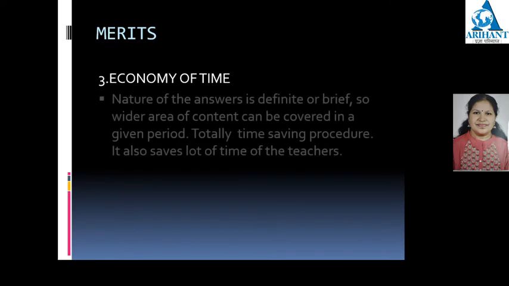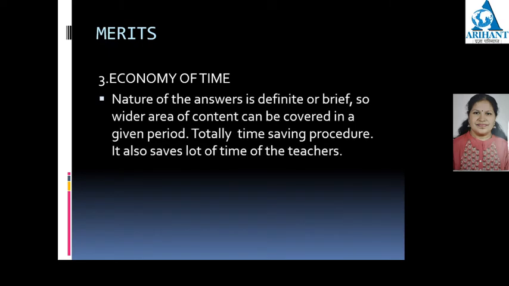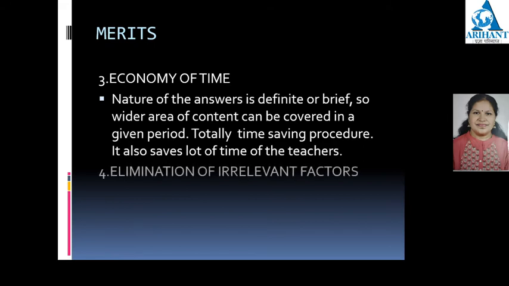Next merit is economy of time. It saves time of the students in attempting, and it saves a lot of time of teachers for assessment as well. The next merit is elimination of irrelevant factors. What are the irrelevant factors?